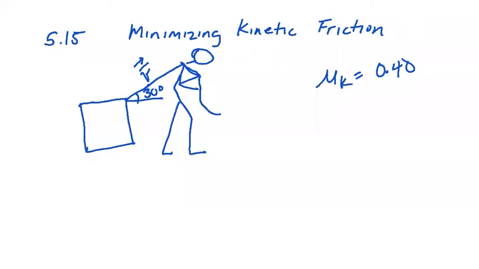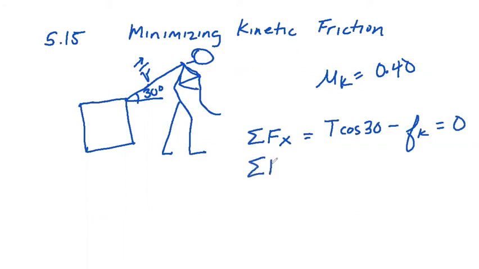All right, so let's do the sum of the forces in the x and the sum of the forces in the y. The sum of the forces in the x is going to equal the tension in that string, T times cos 30, minus the kinetic friction, Fk, and that's going to equal 0. You're moving at constant velocity.